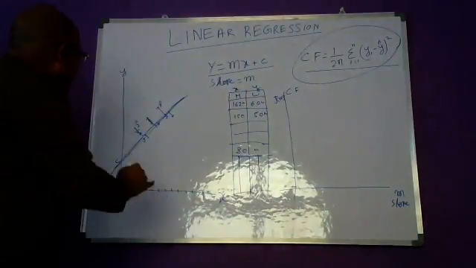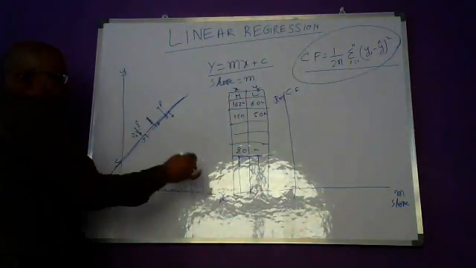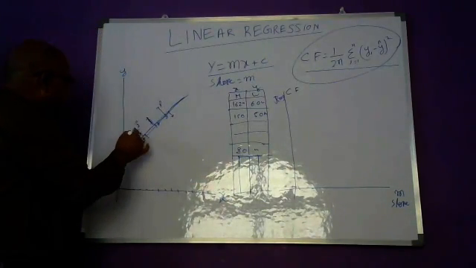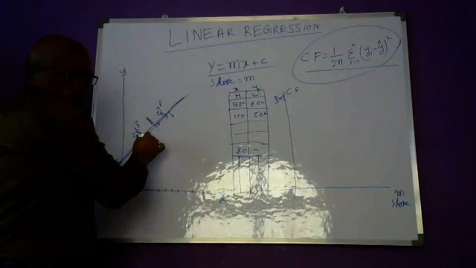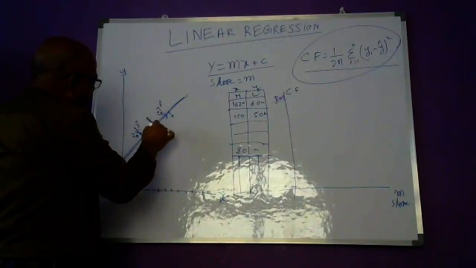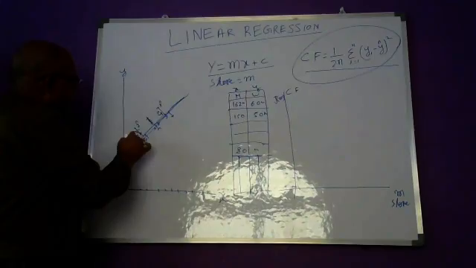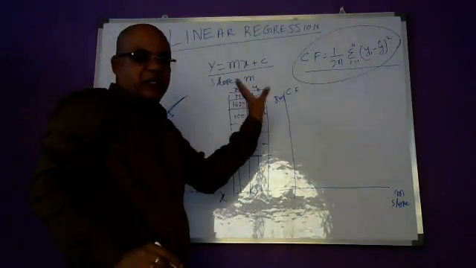Suppose here there is a 2 kgs difference, here 3 kgs, here 1 kg, here 1.5 kg. Like that, different weight differences are there.